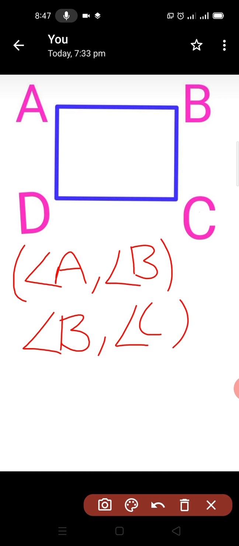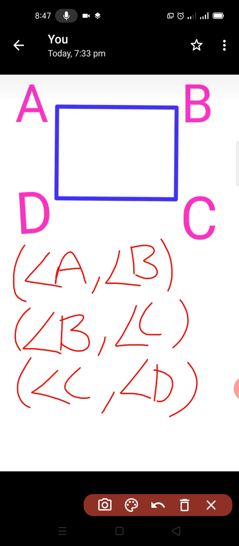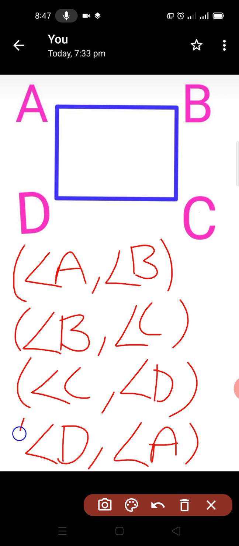For example, if you take angle A and angle B, these two are adjacent to each other. And if you take angle B and angle C, adjacent to each other, angle C and angle D are adjacent to each other. Angle D and angle A are adjacent to each other.